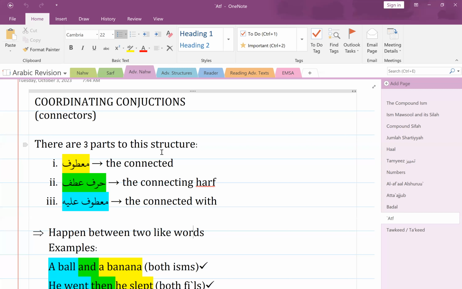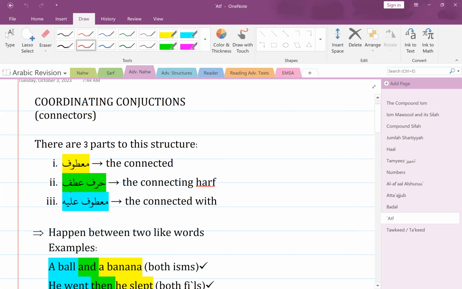Then you have the ma'tuf, the connected, which is the thing that comes after. When you look at a sentence in order, this will be number one, this is number two, and this is number three. So ma'tuf alayh comes first, then harf ataf, then ma'tuf.